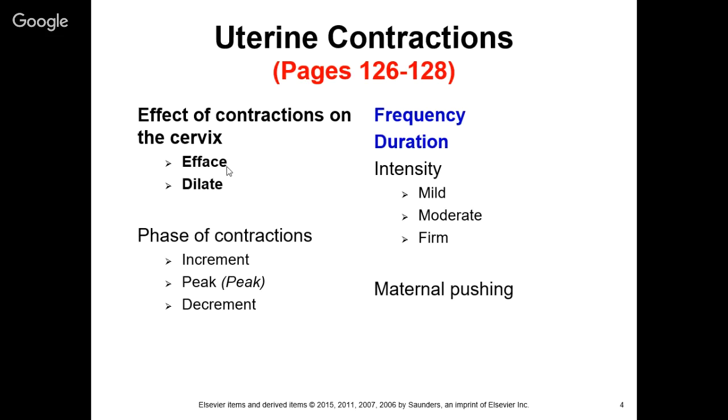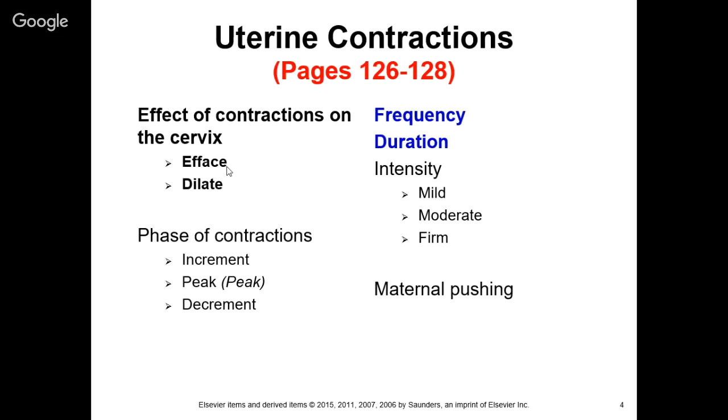If you have a contraction that starts at 5:05, you have another one that starts at 6:05 and another one that starts at 7:05, the frequency is every hour. So frequency is the beginning of one to the beginning of the next, and duration is the length of one contraction.